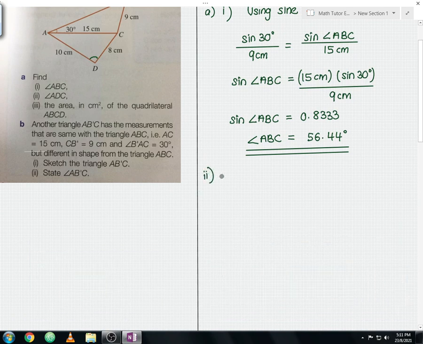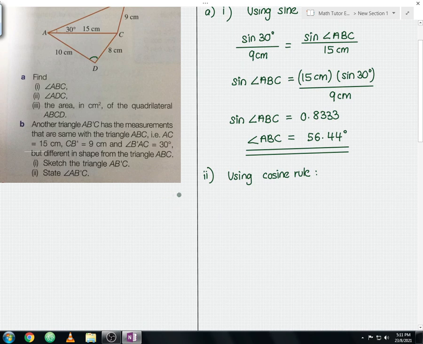By using the cosine rule, from here the length of AC is given, and then the length of AD is given and followed by length of DC. So from here we are required to find the angle ADC. So we're going to apply all the information into the cosine rule formula here.